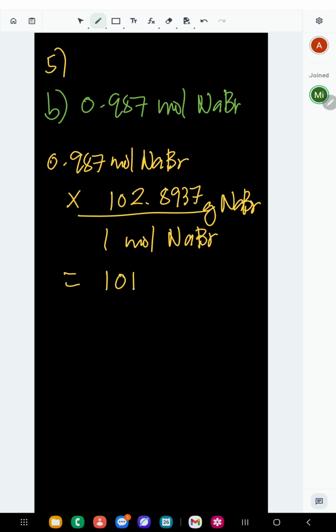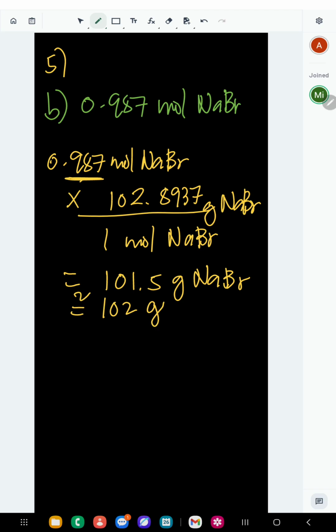So 101.5 grams NaBr, because we have three significant figures here from the 0.987. You can write that as approximately 102 grams.